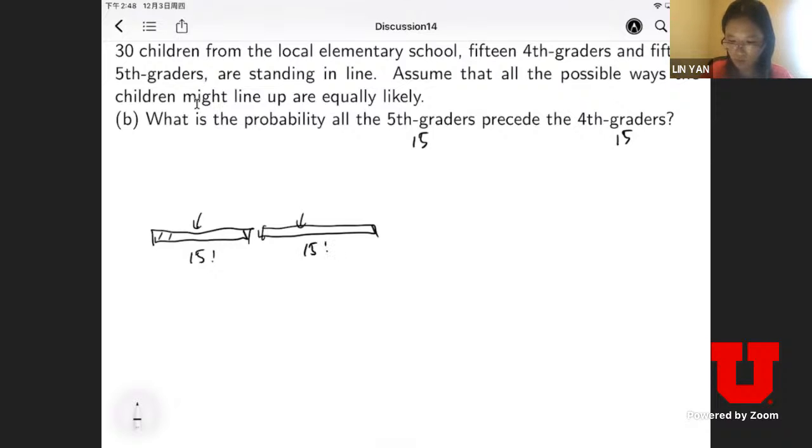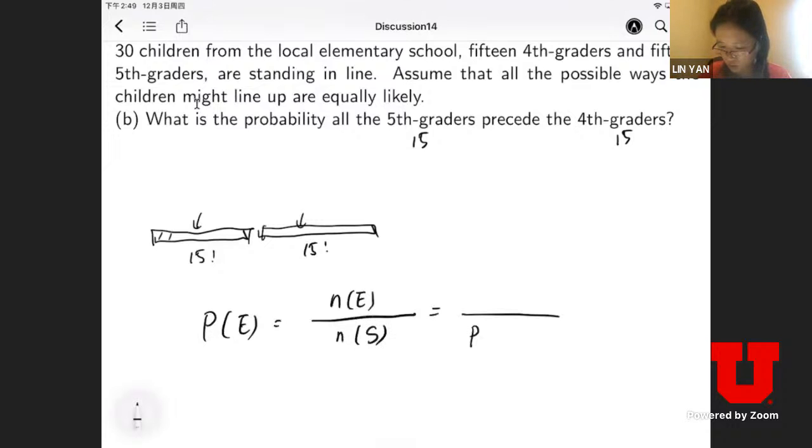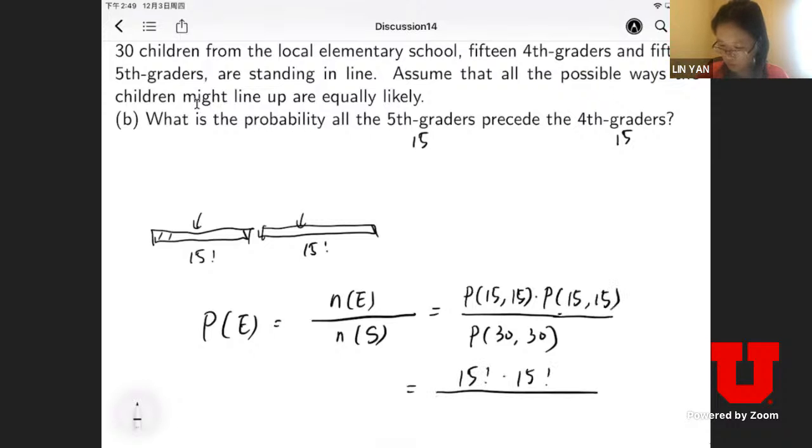So P(E) is equal to N(E) over N(S), where N(S) is still 30 permute 30, and N(E) is 15 permute 15 times 15 permute 15. It is equal to 15 factorial times 15 factorial over 30 factorial. And this is the answer for part B.